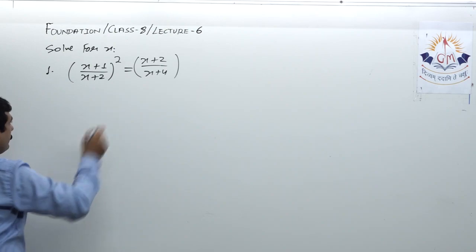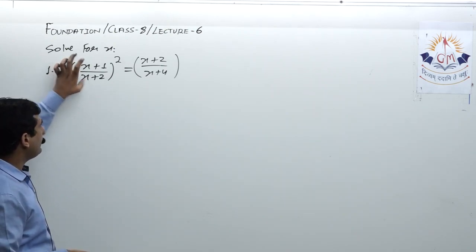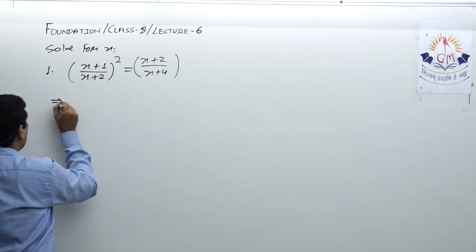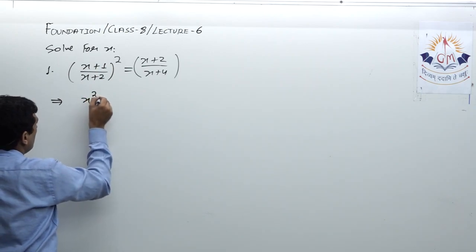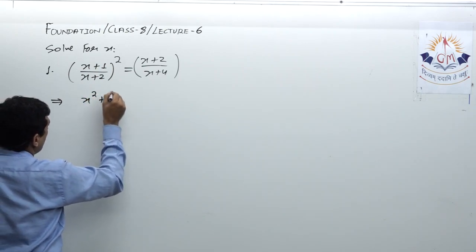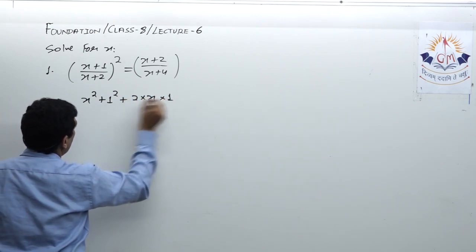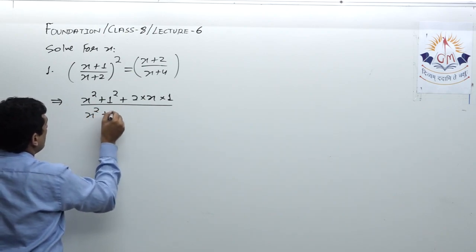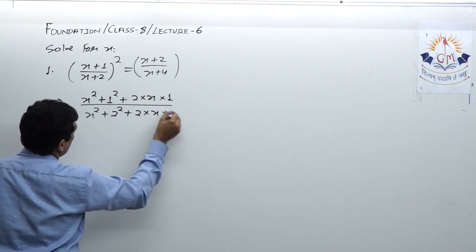I can start even with the cross multiplication, or simply I can start by first expanding this and then doing cross multiplication. So I'll expand this over here only, x plus 1 whole square, so a square plus b square plus 2 into a into b, divided by a square plus b square plus 2 into a into b.